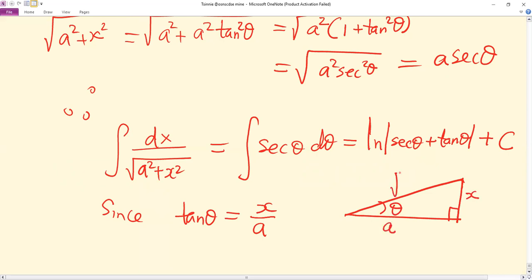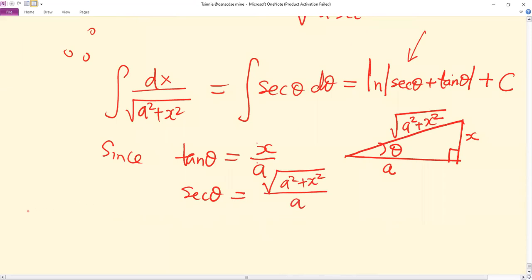So the hypotenuse must be the square root of a squared plus x squared. The only thing we have to define is sec theta, because tan theta is already x over a. Sec is the reciprocal of cosine. Because cosine is adjacent over hypotenuse, sec will be hypotenuse over adjacent.